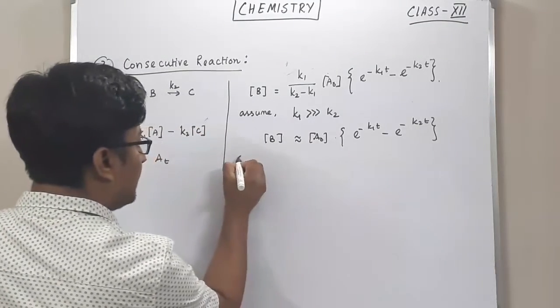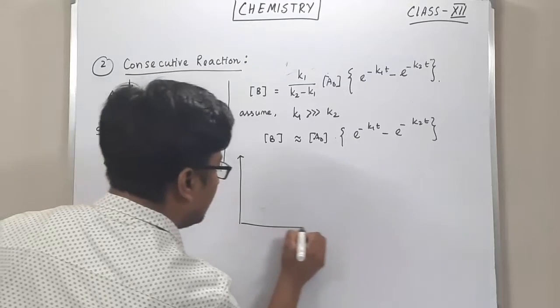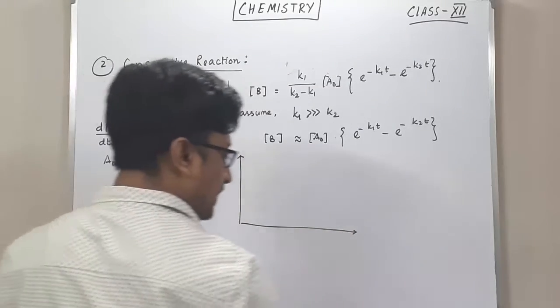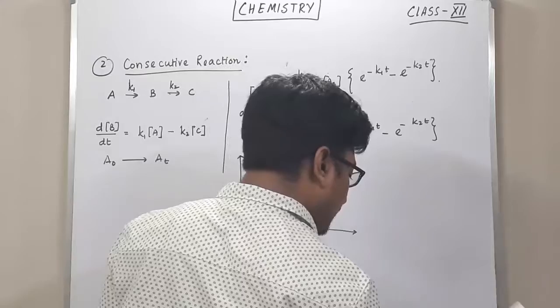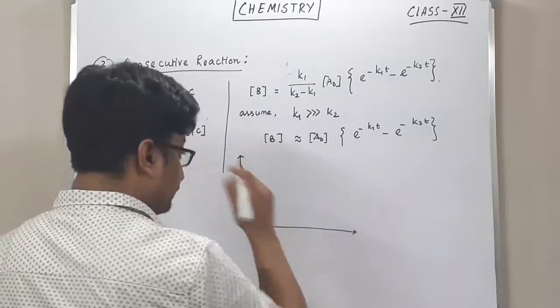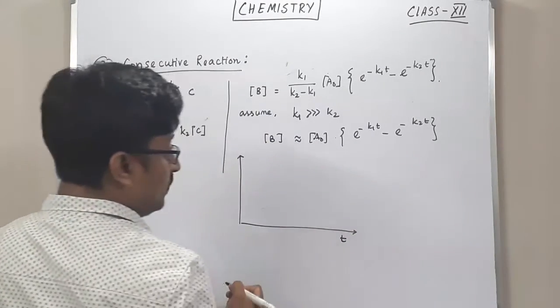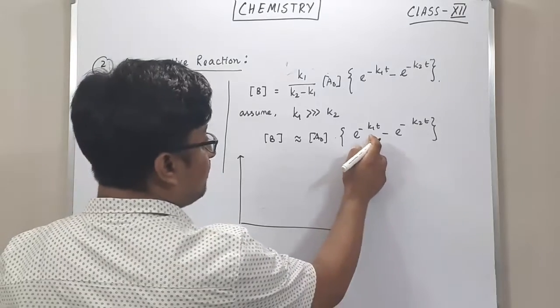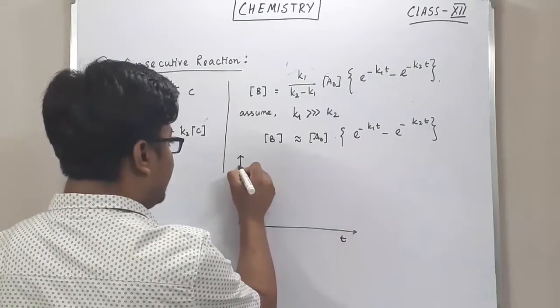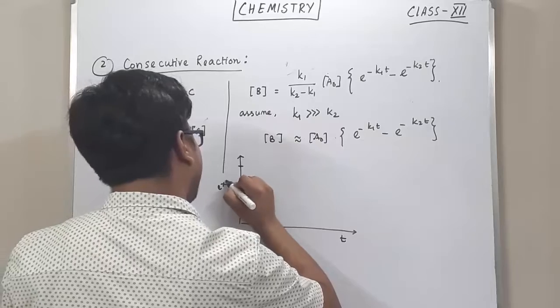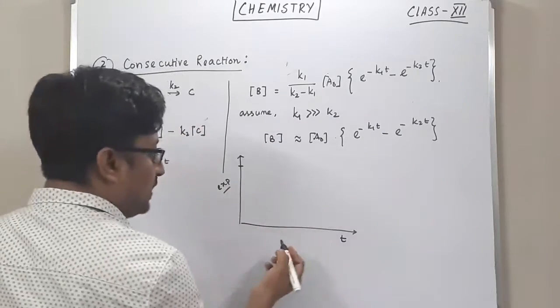Now if you try to plot this one, what will we get? With respect to time, what happens to e to the power minus Kt? This is the exponential part we are plotting, as for any general exponential graph.